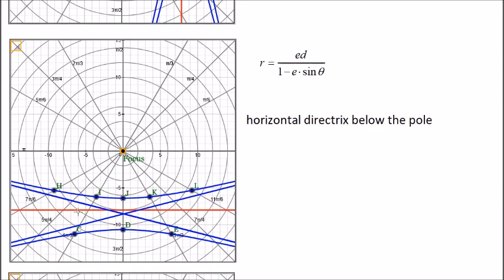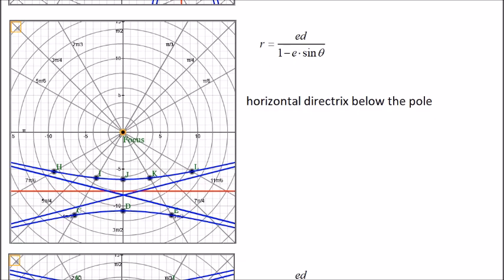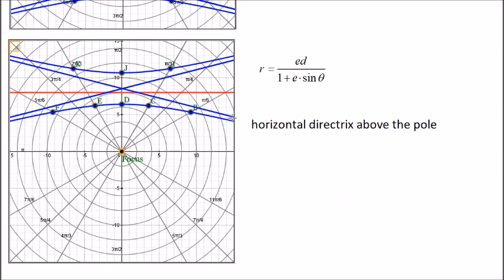If we have a horizontal directrix below the pole, then the corresponding polar equation will be r equals ed divided by 1 minus e sine of theta. And if we have a horizontal directrix above the pole, then the corresponding polar equation will be r equals ed divided by 1 plus e sine of theta.